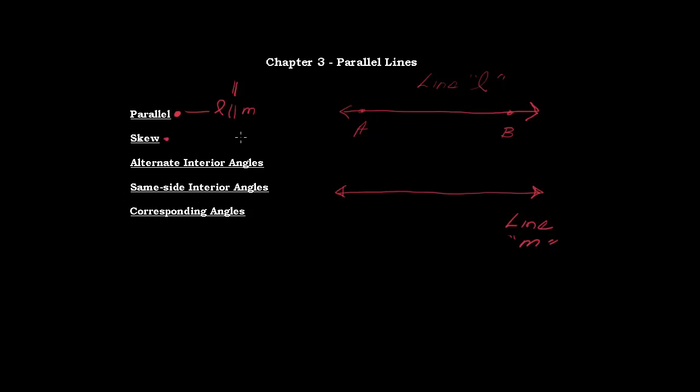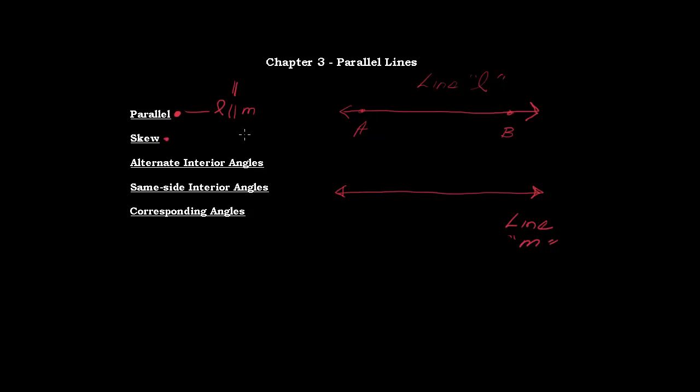So if you look carefully, please, at the introduction of chapter 3, on page 73, they take a great deal of time to talk about parallel lines and then skew lines. So parallel lines are lines that are in one plane that do not intersect. They do not intersect at all. Skew lines are lines that are non-coplanar. So they are neither parallel nor intersecting.